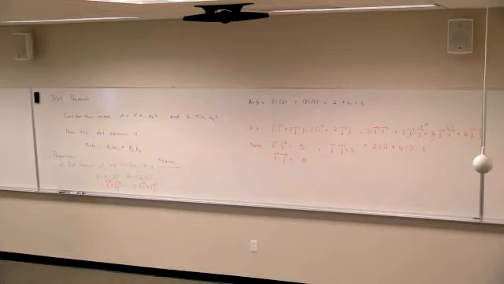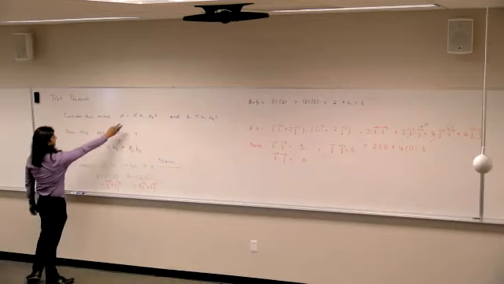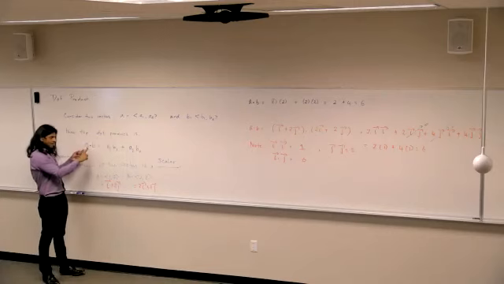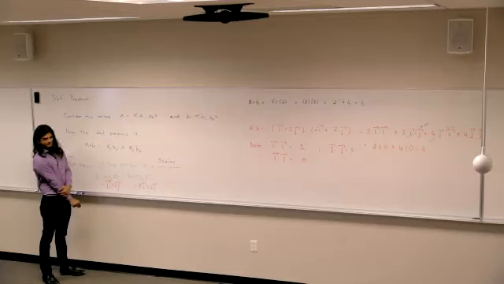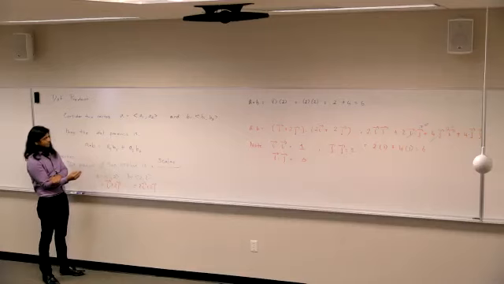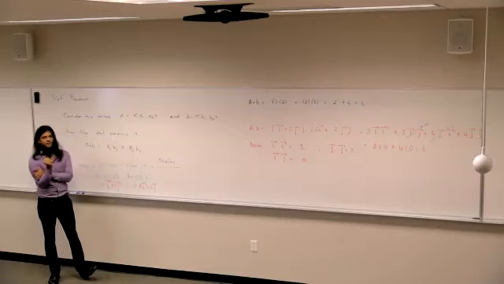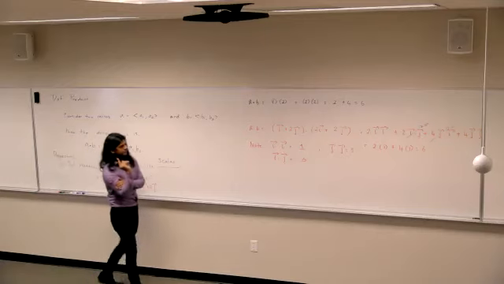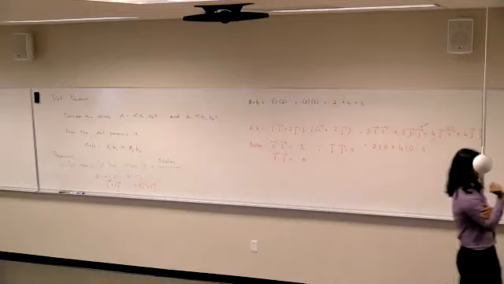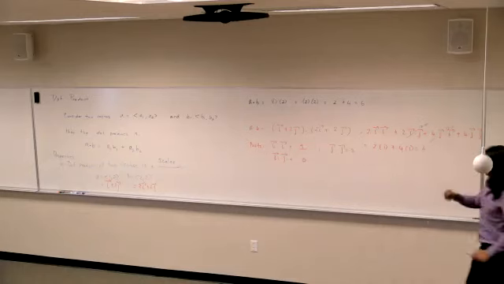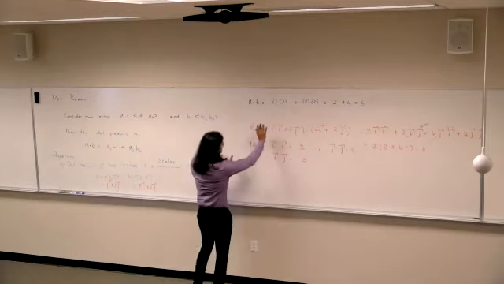If A and B are the same, what are you finding? If A vector, B vector are the same, so you have A dot A, what do you get? A1 squared plus A2 squared. Jake, what did you have in mind? The magnitude squared. So, dot product. Are we clear so far?